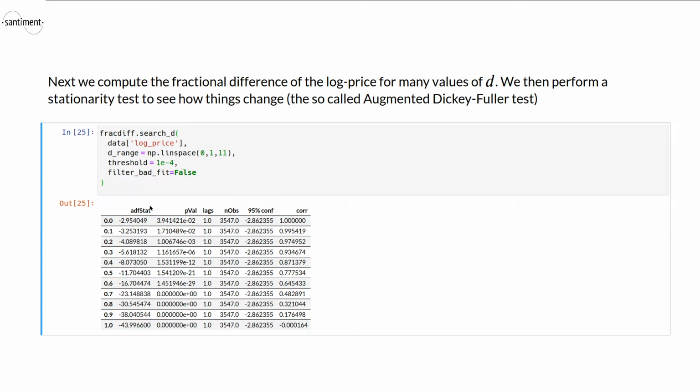This is the ADF stat. Then there is a certain confidence interval, which is part of the test. The idea is that the more negative this number is, the more probable it is that the time series is stationary. We have to compare it with this confidence interval. If the statistic is less than the confidence number, then the test tells us this looks to be stationary.